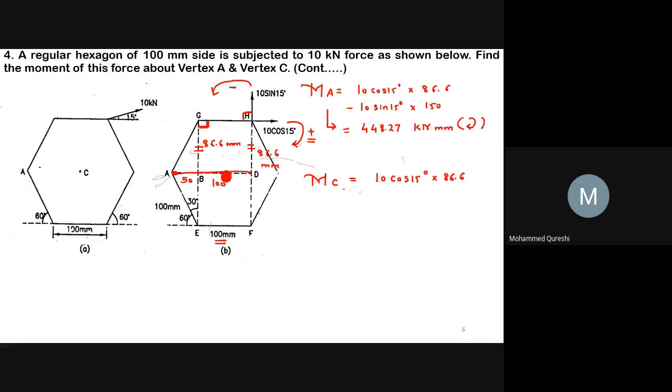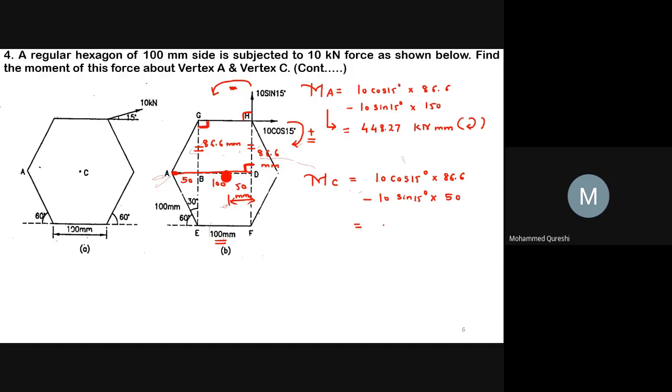Then the another force is 10 sin 15 and it moves towards C in anti-clockwise direction, and hence it will be taken as minus. So minus 10 sin 15 degree into, just remember this, that your C point is till here, and total distance is 100 mm, so this will be your 50 mm, and this 10 sin 15 makes perpendicular distance of 50 mm with respect to point C. So I will write here this as 50.